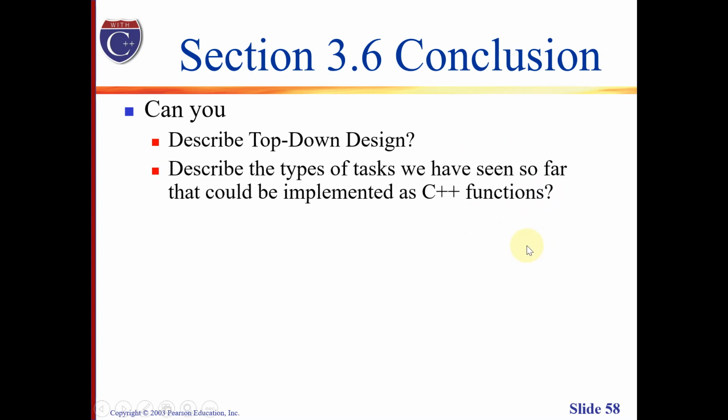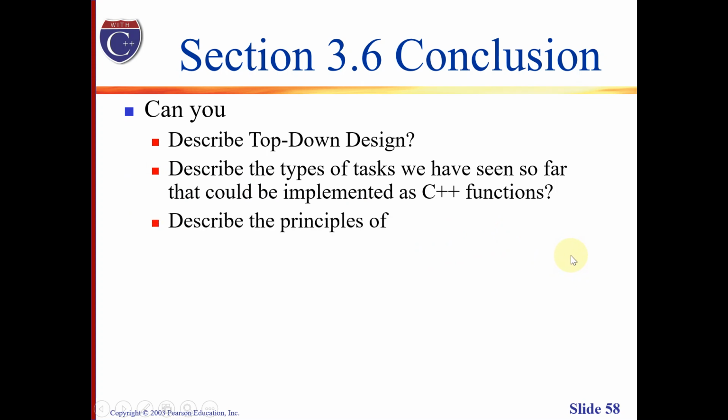Also, we now know how to describe the type of task that we have seen, which also satisfies the concept of top-down design, in which we broke down one huge problem into smaller, more manageable subtasks that later translate into an actual solution to our programming problem.